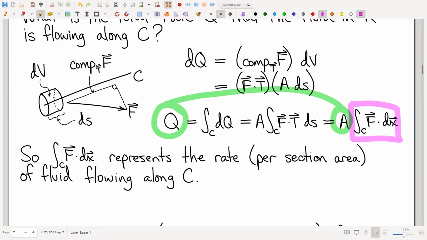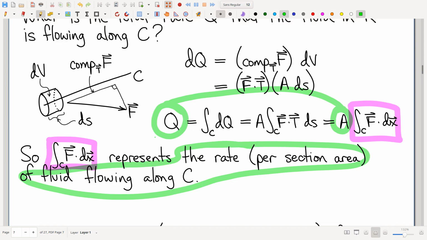That vector line integral represents the rate that the fluid is flowing along the curve per unit area of cross-section, of course. So the takeaway, the way you should think about what a vector line integral represents in the context of a fluid flow, is, in some sense, how much the fluid is flowing along the curve. Okay, so that's the argument.